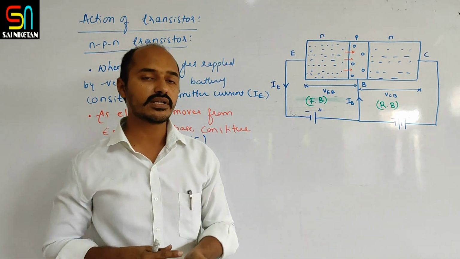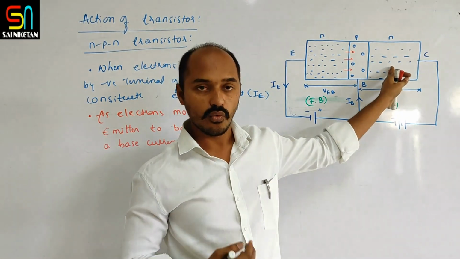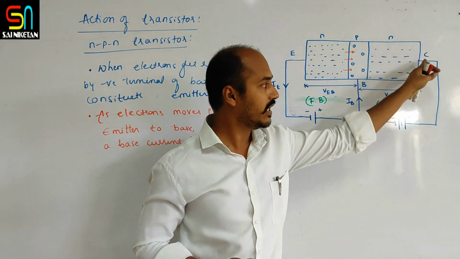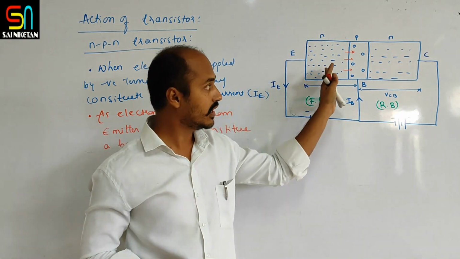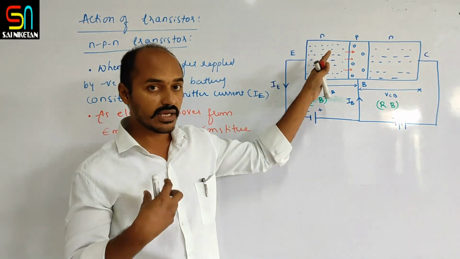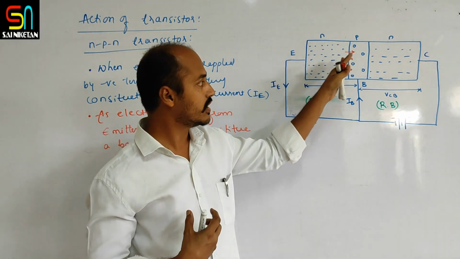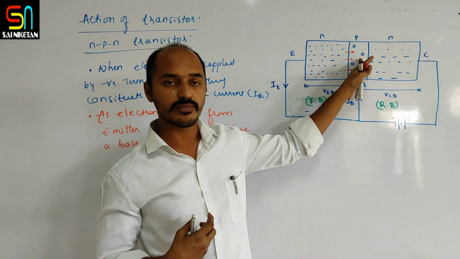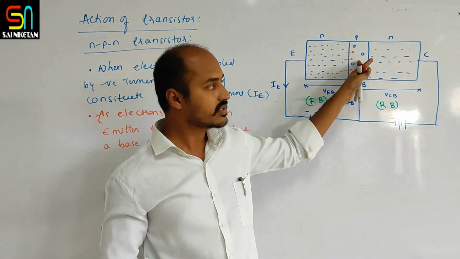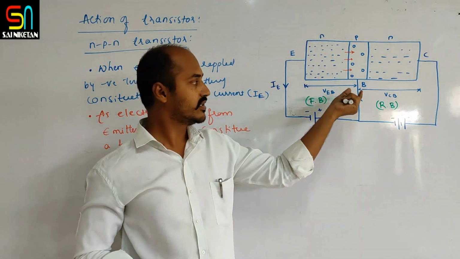The remaining 95% of electrons enter into the collector region, where also so many electrons are there. Now you can see all the electrons are collecting here, and the emitter region is emitting the electrons; those are first absorbed here, and the remaining electrons are collected here. So it is called a collector, and this is the emitter, and this is the base.